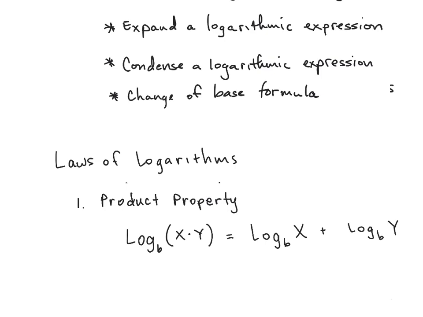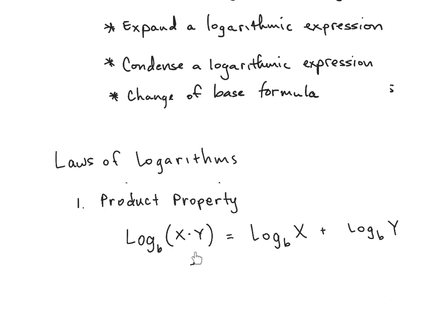The first one is called the product property, product because of this expression right here, x times y. If you're taking the logarithm of a product, then you can expand this expression into two terms using addition.